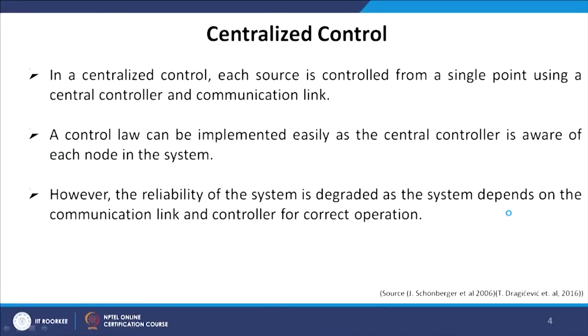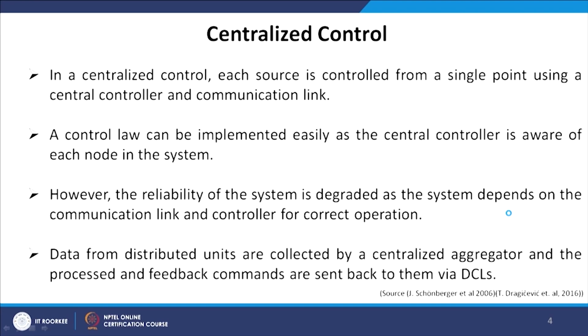However, the reliability of the system is degraded as the system depends on the communication link, and if for any reason the communication fails, then the centralized control approach may not work well during failure of the communication link.